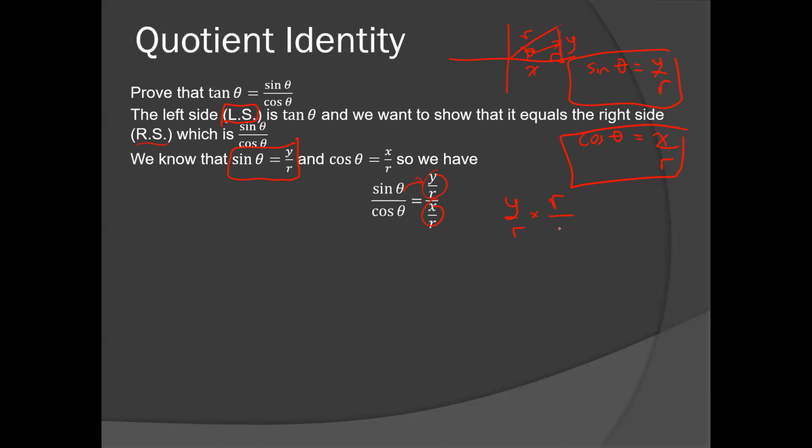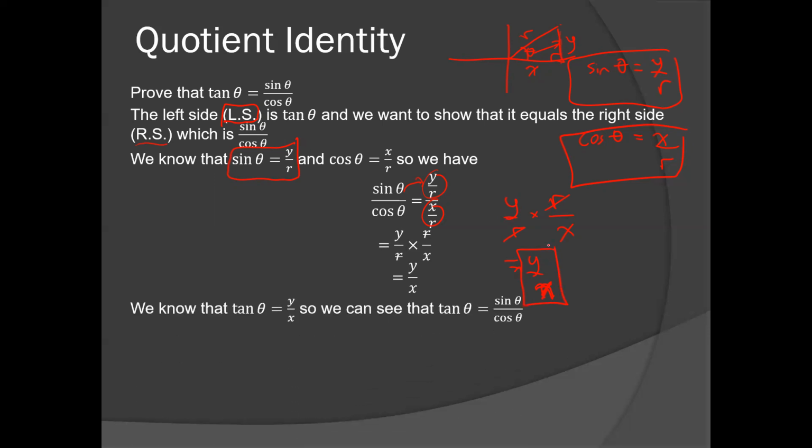So I'm going to multiply by r over x. And when I do that, the r's cancel out. And then I end up with y over x. And notice that y over x, if you recall the definition, is actually equal to tan theta. So by definition, we already know that that's equal to tan theta.